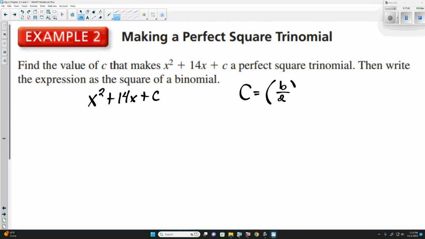And our constant term that we need for it to be a perfect square trinomial is given to us by this equation here. C is equal to b over 2 squared.